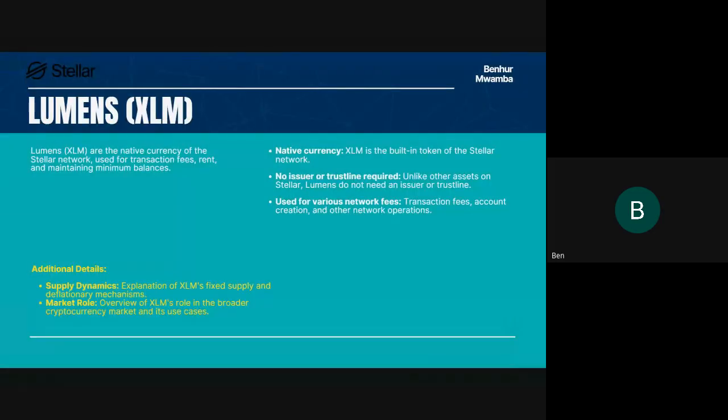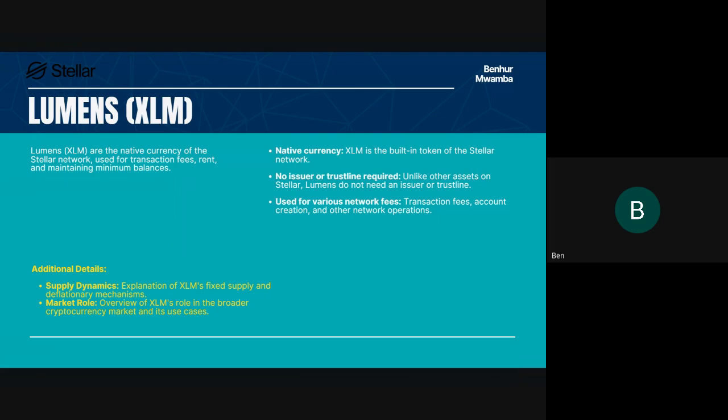All right everyone, thumbs up if you have an understanding of what the Stellar stack is, if it makes sense so far.